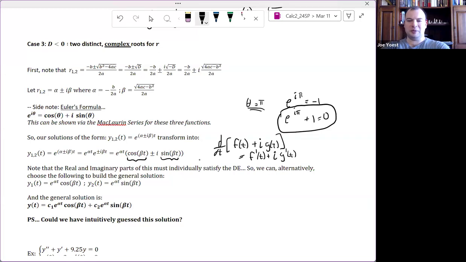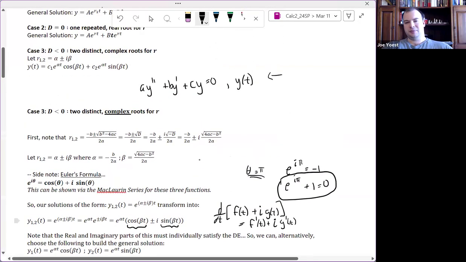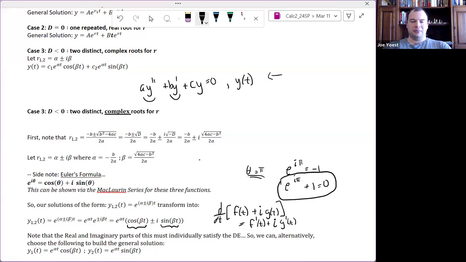The derivative basically just treats the i like any other constant. So when I take a function like this and plug it into, say, a first or a second derivative, I'll be able to split apart all of the real bits and collect them together, and all of the imaginary bits and collect them together.